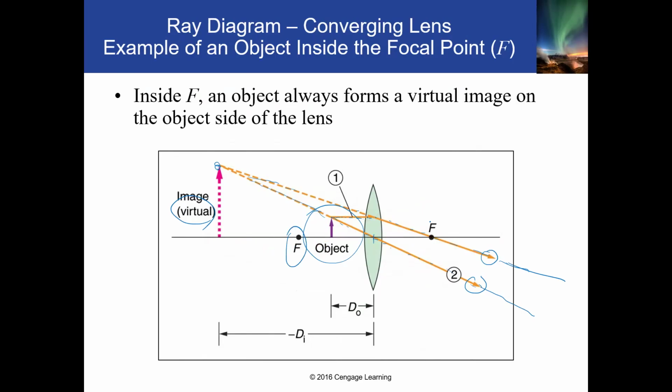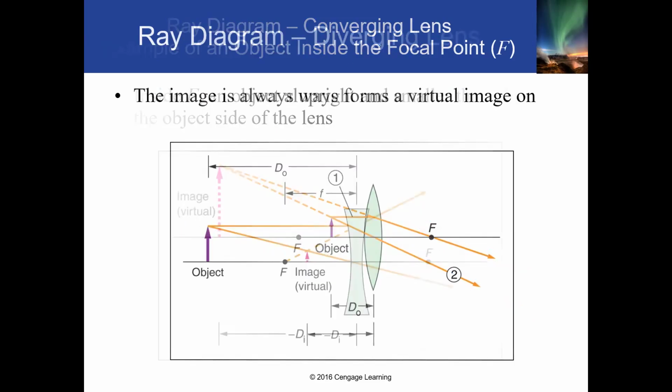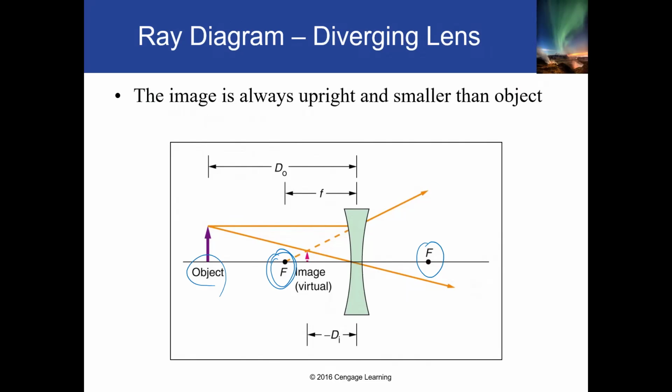Again, you have two focal points, but we didn't use this focal point; we used this focal point, which is on the opposite side of the object for the converging lens. But if it's a diverging lens, we have to use the focal point which is on the same side as the object.